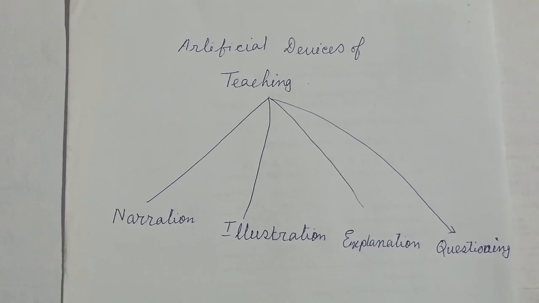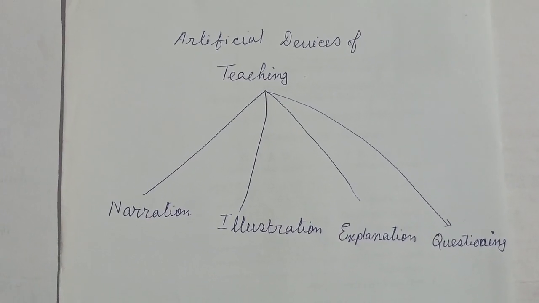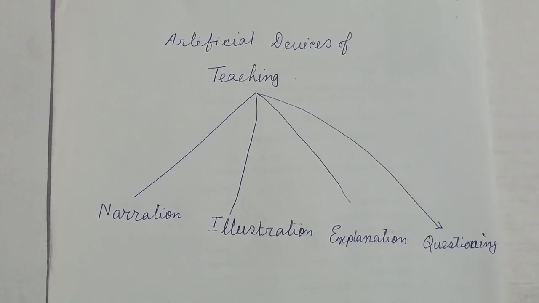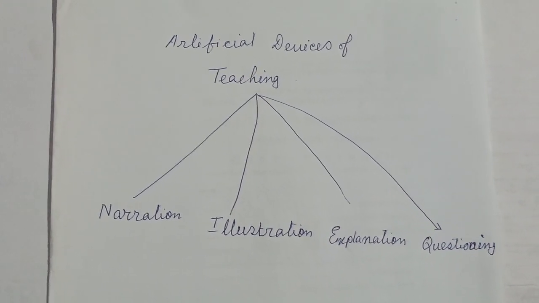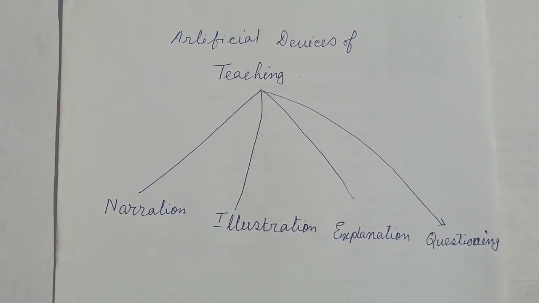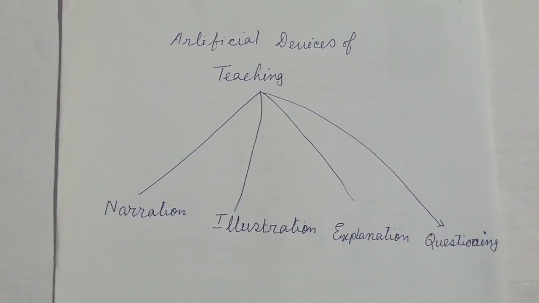Today, in the continuation of our discussion, we are going to discuss a very important topic. The topic is different artificial devices of teaching. So let us come to the discussion.